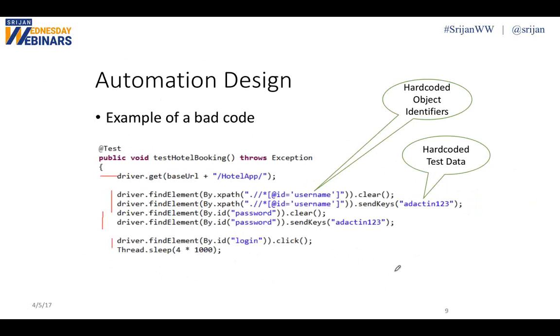Imagine this: if the dev says I'm changing the username field XPath or CSS, and this XPath or object identifier is hard-coded in your test case, what will happen? And you have 1,000 or 5,000 test cases. You'll have to actually change each one of your test cases because you hard-coded the object identifier into your test case.